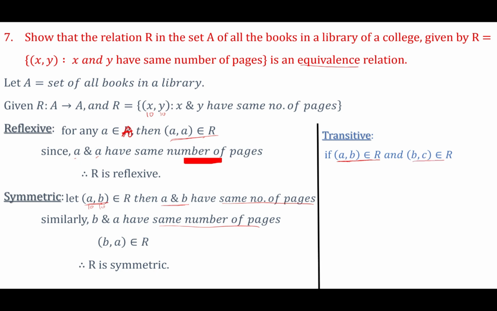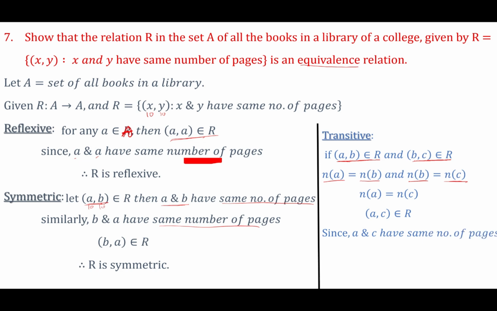And if (B, C) belongs to R, the number of pages in B and C are the same. So the number of pages in A equals the number of pages in B, and the number of pages in B equals the number of pages in C, which means book A has the same number of pages as book C. Because they are equal, (A, C) belongs to R. That means the given relation R is transitive.